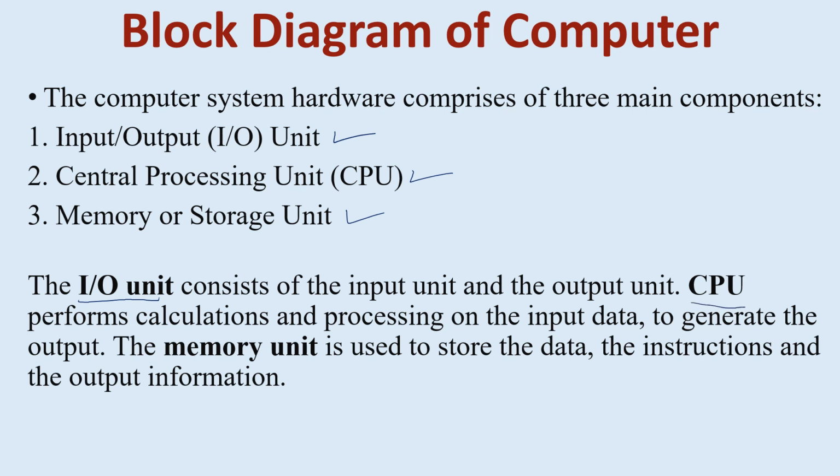The central processing unit, means CPU, performs calculations and processing on the input data to generate the output, and the memory or storage unit is used to store the data, instructions and output information. Now we will be talking about every component in detail.